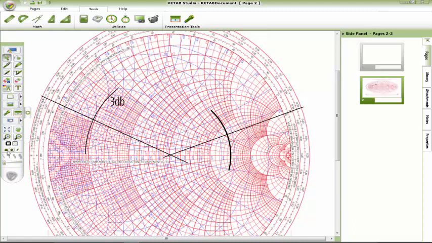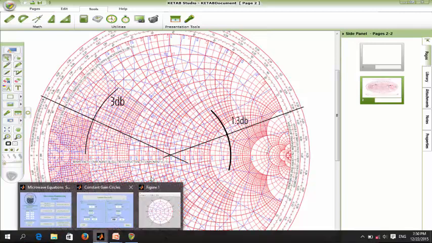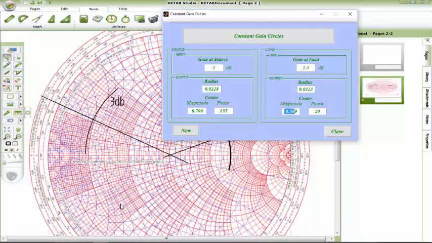So this intersection is a point. This point is 1.3 dB. I want to continue with the source, then I will move to the load and make the matching. At the load we have 1.3 dB as a maximum gain.